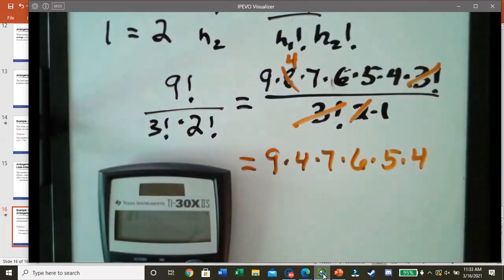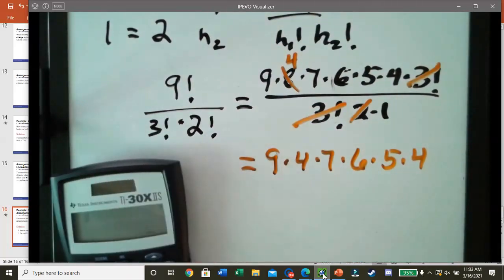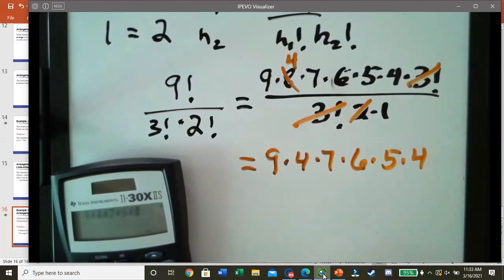So if we multiply this out on the calculator, 9 times 4 times 7 times 6 times 5 times 4, and hit equal, we get 30,240.